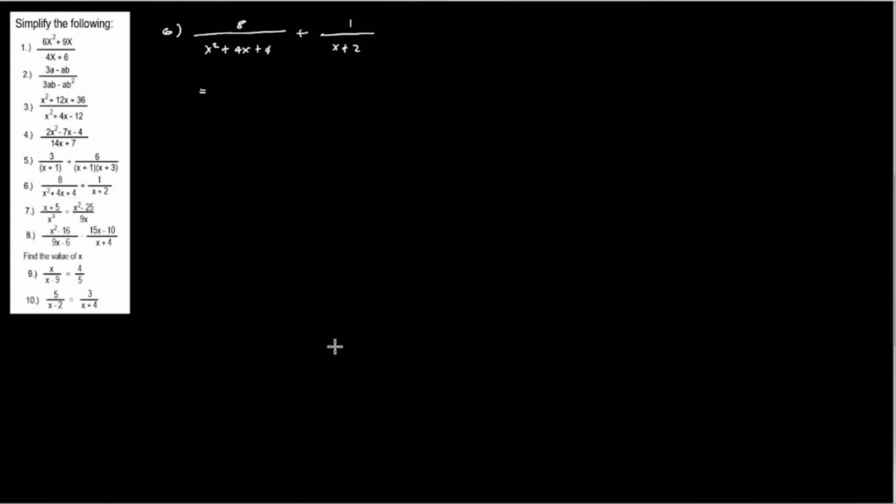And before we get the LCM, we will try to factor out the trinomial, or x squared plus 4x plus 4. So x squared plus 4x plus 4 is also equal to x plus 2 times x plus 2, square of the binomial.